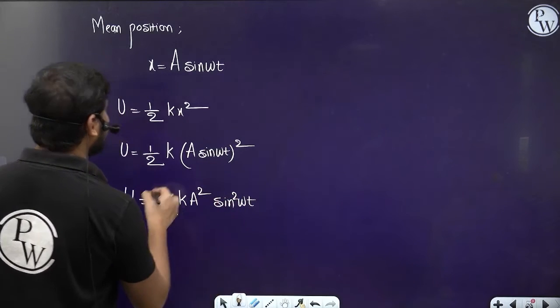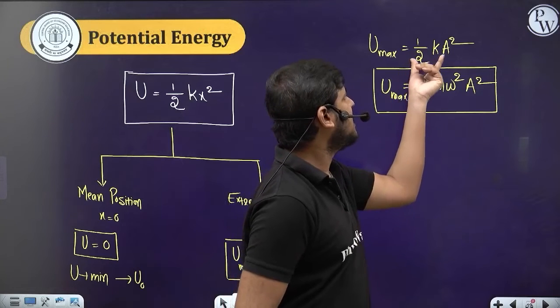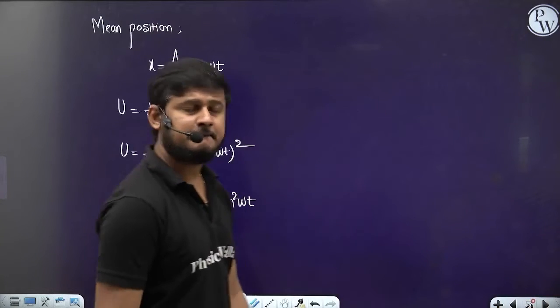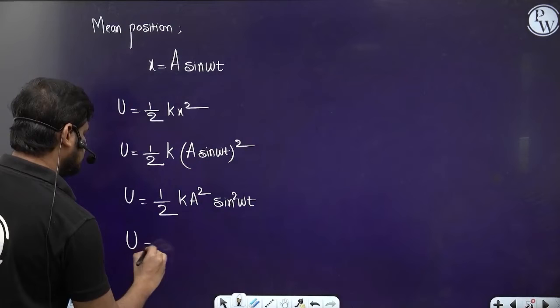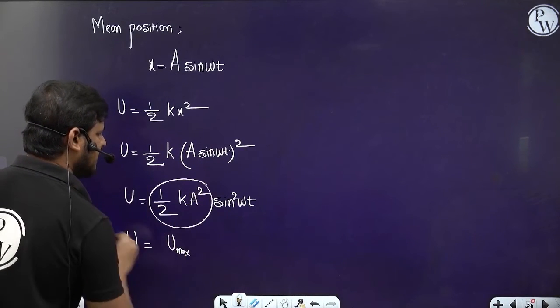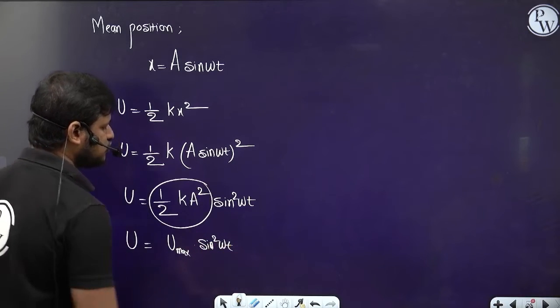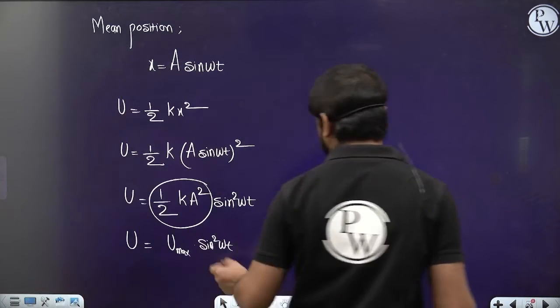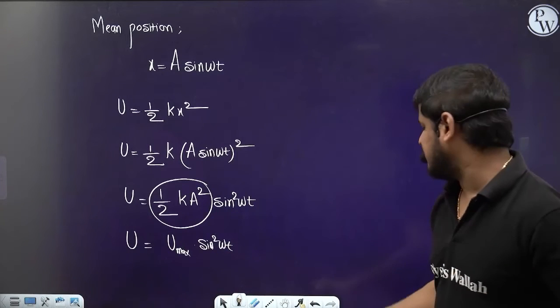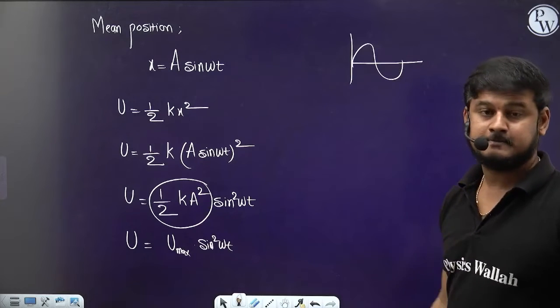So U equals half k a square into sin square omega t. Half k a square is nothing but the maximum potential energy. So U equals U max into sin square omega t. Done. Now for the sine graph, the square means the negative cycles will be cancelled. Actually the sinusoidal graph should be like this, yes or no?